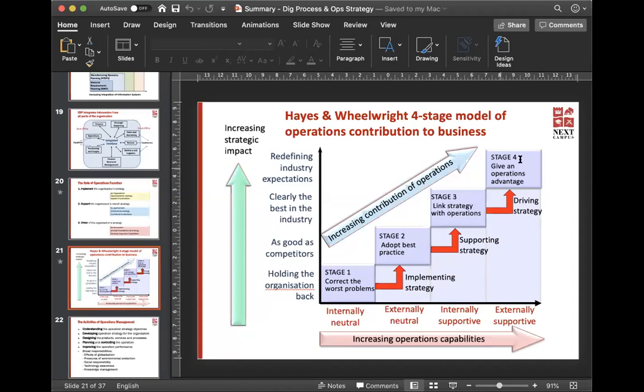And next, you have an operations advantage. You are driving strategy, and then the industry is influenced by what you are doing. So in stages 1, 2, and 3, you are looking at your own organization. In stage 4, you are looking at the industry where you are operating.